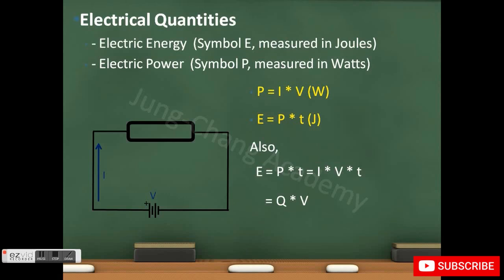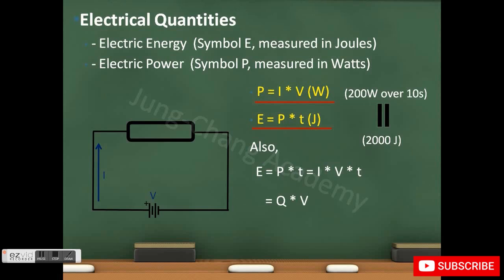Now let's look at the difference between energy and power. Power is defined as the product of current and voltage and is measured in watts, whereas energy is the total power consumption over a period of time. So if we use 200 watt power over 10 seconds, we will consume 2000 joules of energy.